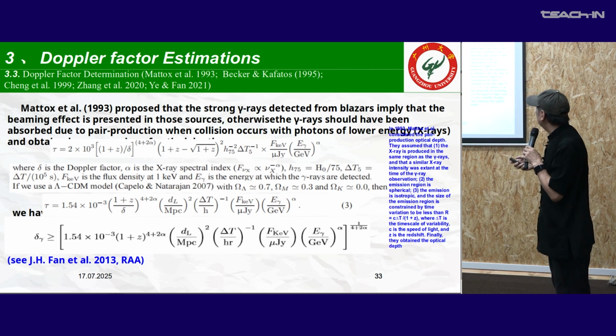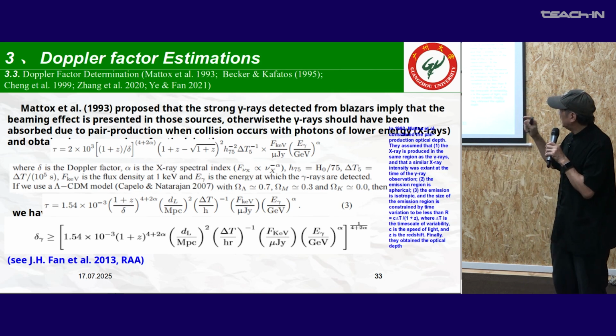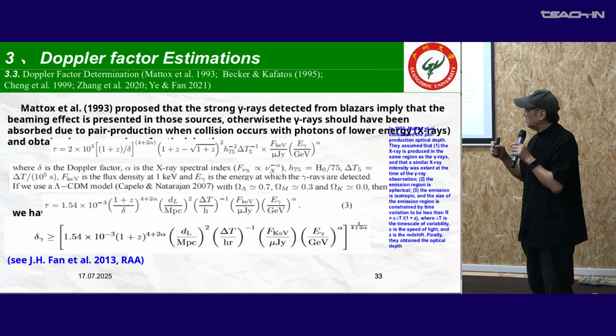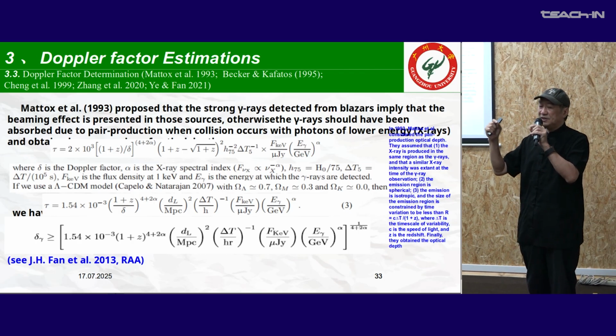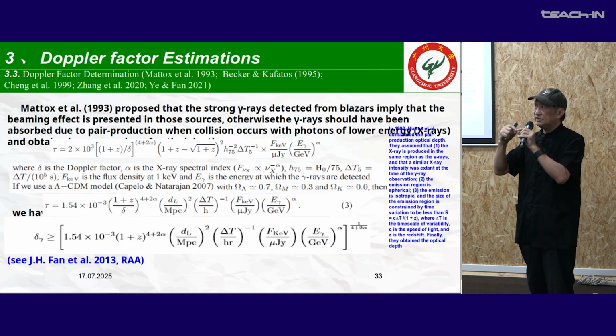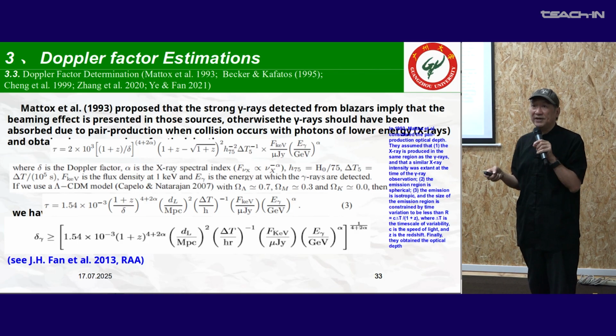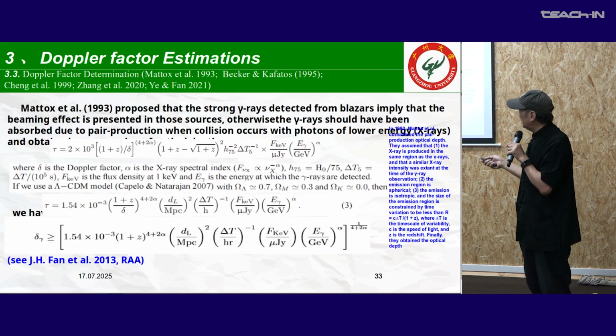They consider that when the gamma ray and X-ray pass through the X-ray field, the collision optical depth is not so high, and they can get the optical depth in this way.